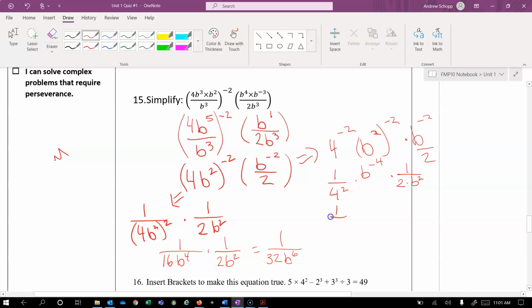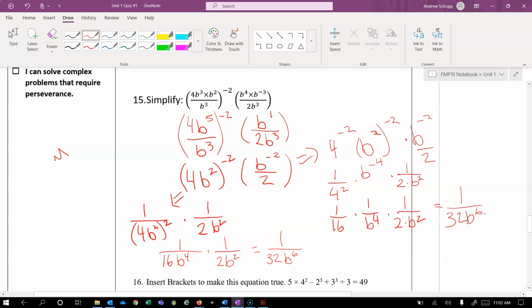And we can square 4 to get 16. This becomes 1 over b to the power of 4 when we make the exponent positive. And the last one, there's nothing we can do here. So multiplying all the denominators and numerators together, we end up with 1 over 32 b to the power of 6.